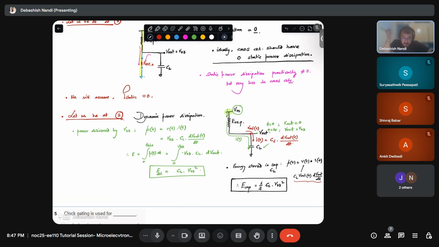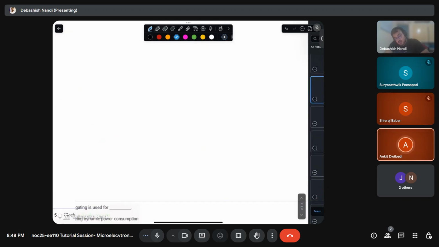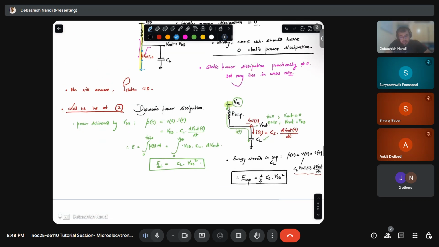Right? Where did the other half of the power go? Where has it gone? Dissipated through the resistor. So how can you say that? You have to calculate, right?